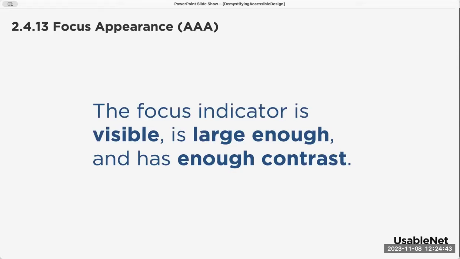Basically, focus appearance specifies a minimum area for the focus indicator combined with a minimum contrast ratio of that area. So no matter the level of conformance we are targeting, in real life, these three criteria actually complement each other.